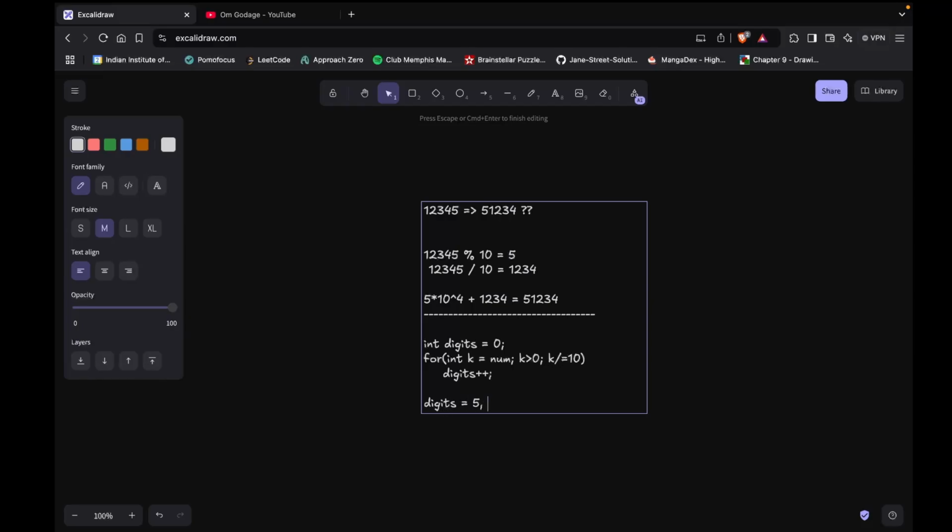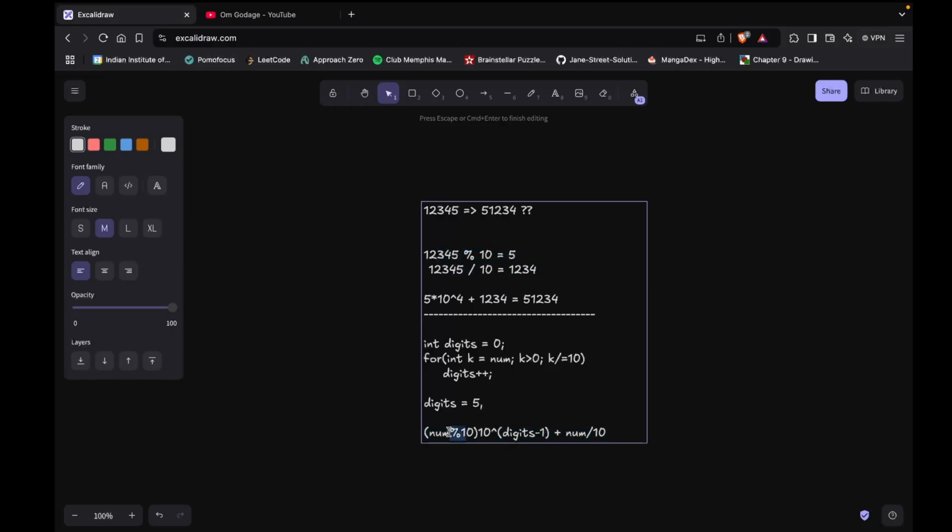So you can do 10 raised to digits minus 1, and you will have num percent 10 over here plus num by 10. Okay, I hope this makes sense to you after I explained this.